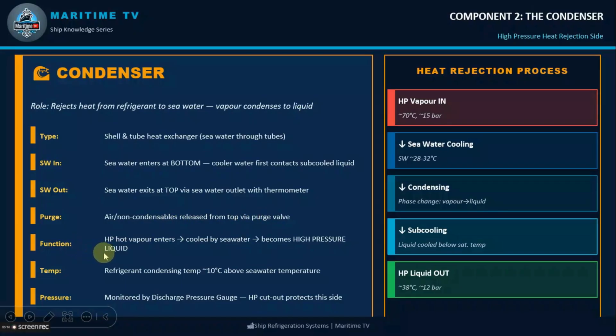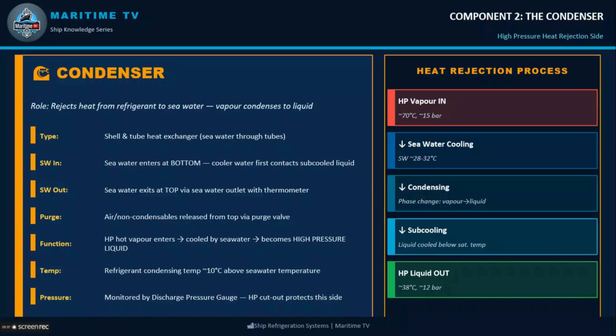The function is HP: hot vapor enters, then is cooled by seawater and becomes high pressure liquid. The refrigerant condensing temperature is 10 degrees centigrade above seawater temperature. This pressure is monitored by the discharge pressure gauge.